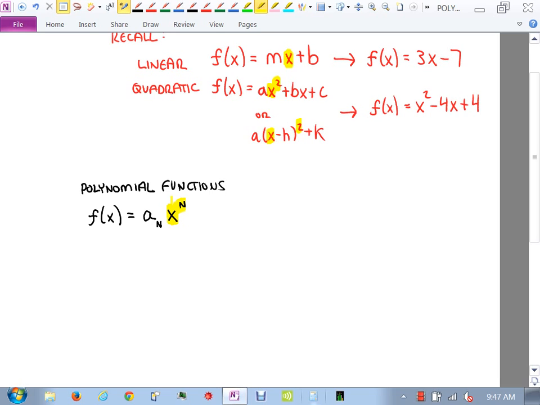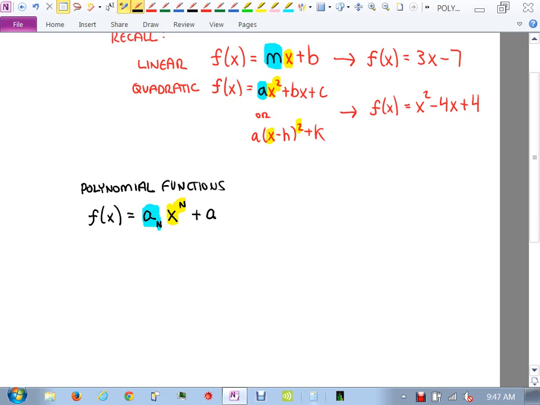Like for the linear function, we had x to the first power. For quadratic, x squared. For the polynomial, it's x to the n, isn't it? For linear, the m was a number, wasn't it? And for quadratic, the a was a number. Well, guess what a sub n is here? It's just a number, okay? So I have a number in front of x to the nth power. That's polynomial so far. That okay?